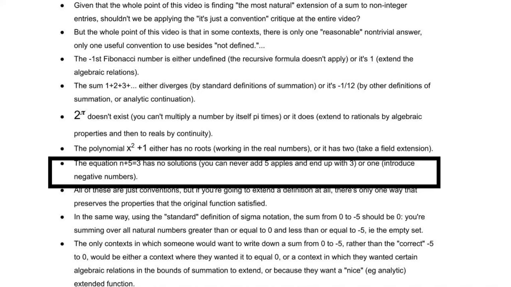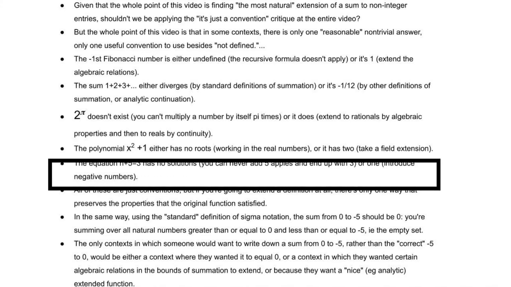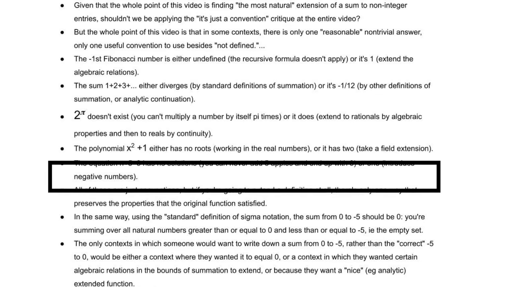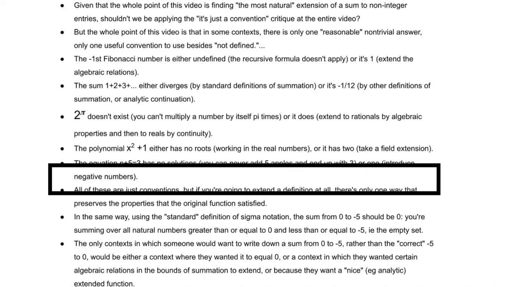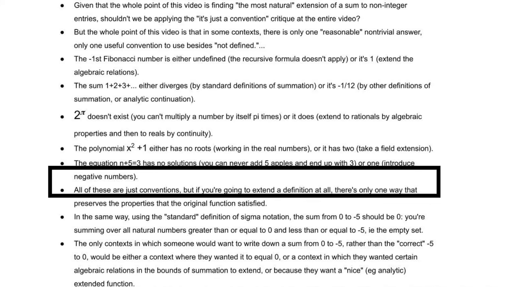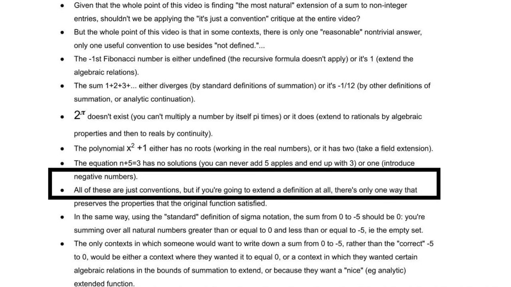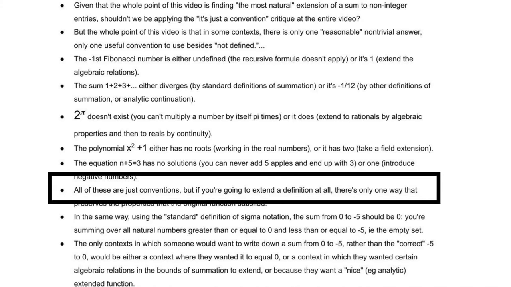"All of these are just conventions, but if you're going to extend a definition at all, there's only one way that preserves the properties that the original function satisfied." But this is not true. It all depends on which properties you want it to preserve, and it actually is impossible for every property to be preserved.